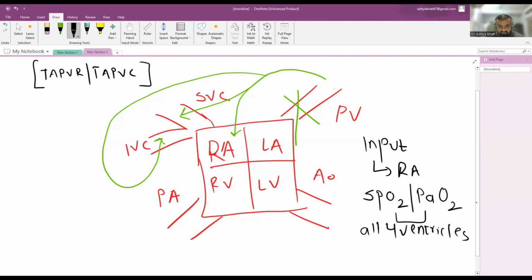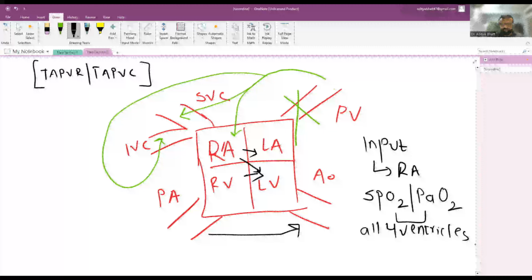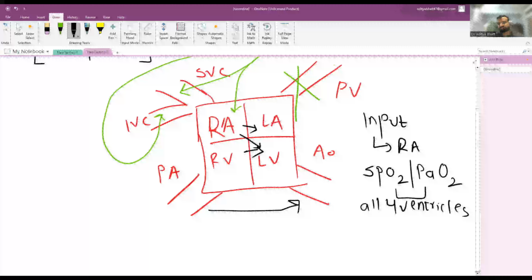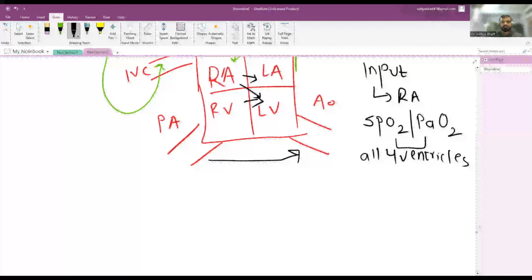There might be presence of an ASD, there might be presence of an AVSD, there might be presence of a PDA. So any connection is possible, but a connection should be there in a patient of TAPVR for the blood to go to the left side. Okay, so all four chambers will have the same SpO2 in a patient of TAPVR because the source is only and only the right atrium.